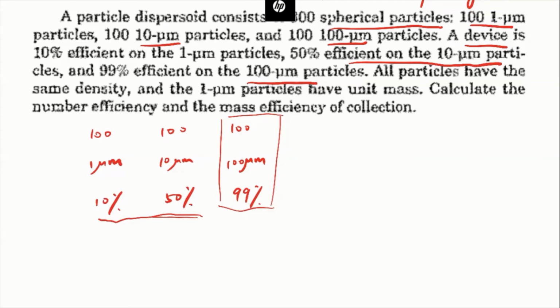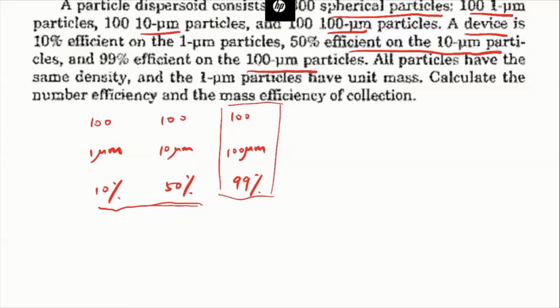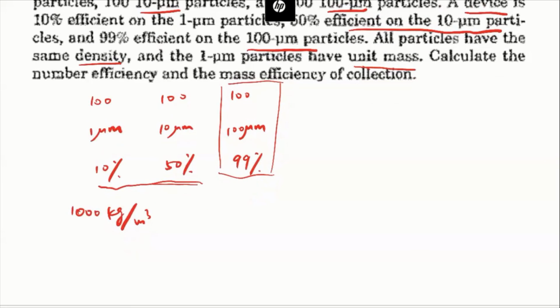Let's further assume that all the particles have the same density, meaning the density is equal to the density of water, which is 1,000 kilogram per meter cube. It wants us to calculate the number efficiency and the mass removal efficiency for the device.